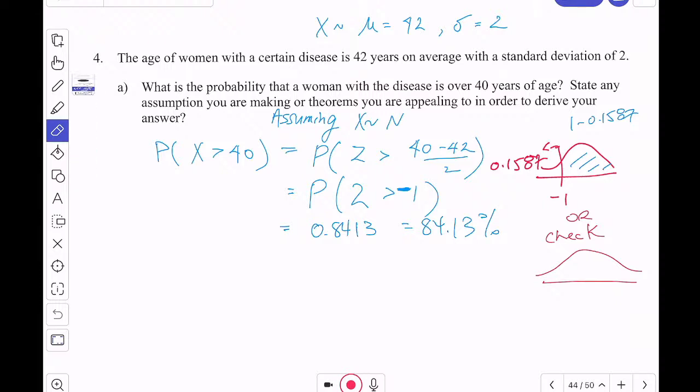So in this case, what we wanted, let me get my arrows right, we wanted to be greater than, right? But the table only gives us the left side. So I want this, so I look this up, but then I subtract. The other way, if you change the sign and the direction, you get the same answer. So I'm going to change the sign and the direction, and I put a 1 here, and I'll get the same answer. Right. Okay, that's A. Ready for B? Sorry about that. It's a negative.